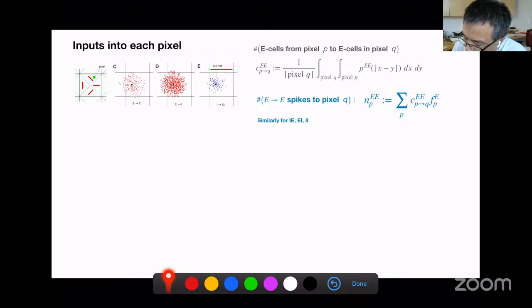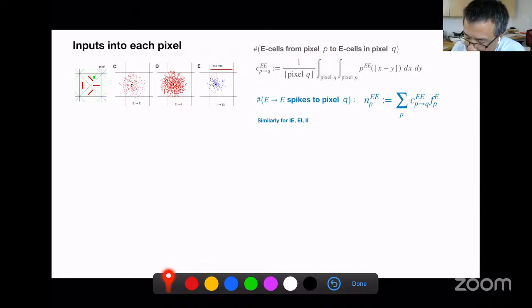I just average over the cortical patch. PEE is my notation for the connection probability between two E cells within the cortex, and then I average over the pixel.